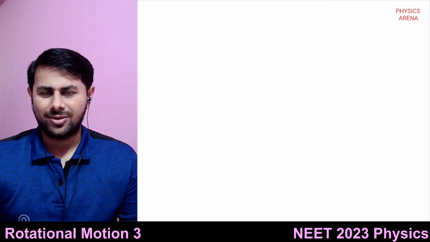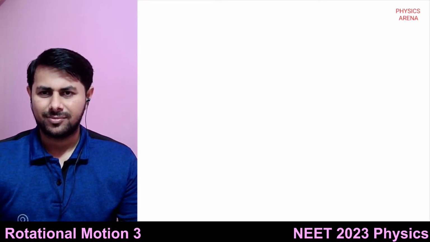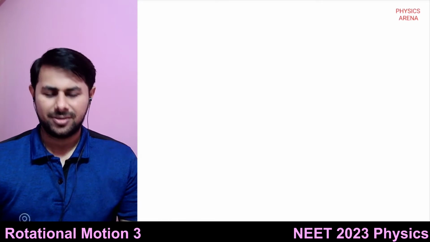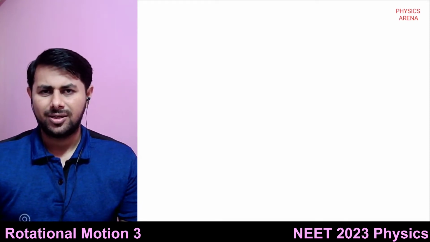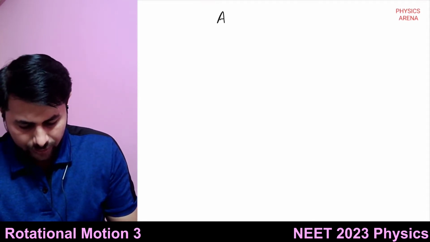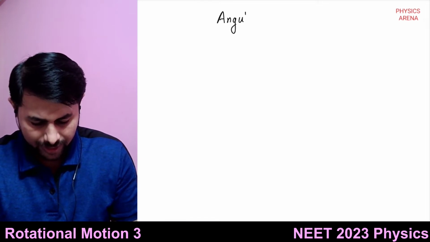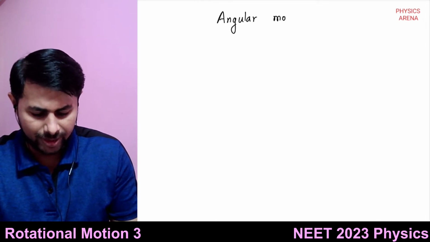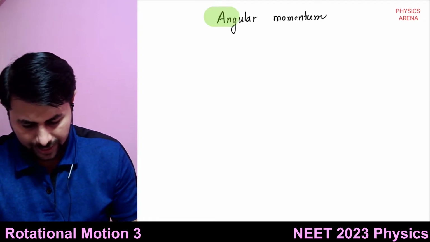What is Newton's second law? Rate of change of which thing is equal to force? Momentum, right? So what is the measure of motion in a body? It's momentum. So there is an analogous quantity in rotational motion to the momentum, and it is known as angular momentum.